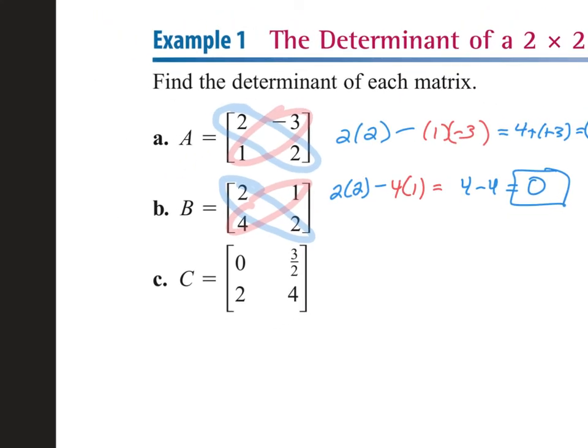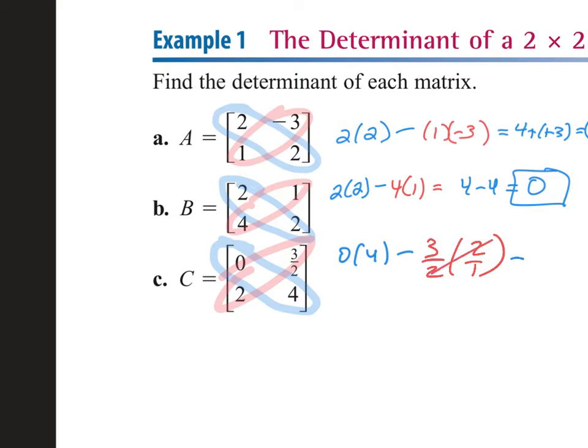Very good. All right, so now we're going to do it again. We'll go major, top left, bottom right. So 0 times 4 minus our minor, 3 over 2 times 2 over 1. Do I have to put the 2 over 1? No, but sometimes it's easier so we can see that the 2's will cancel out. Yes.